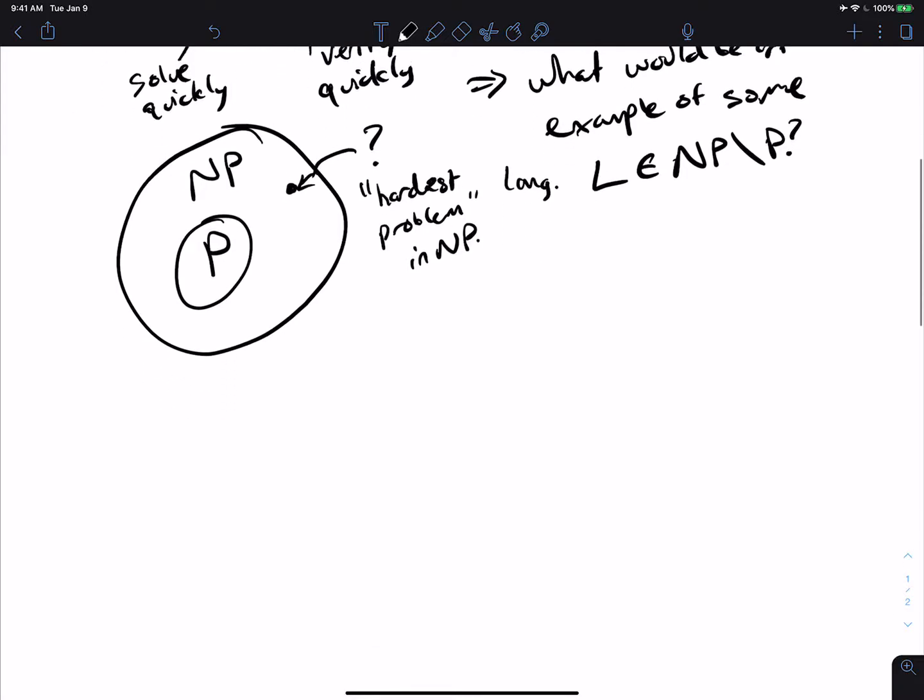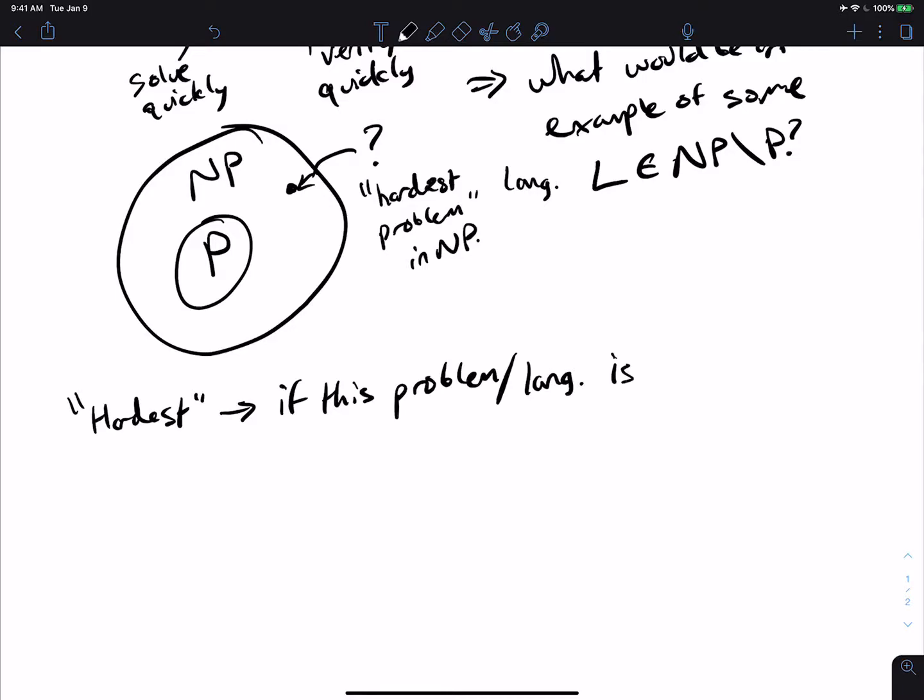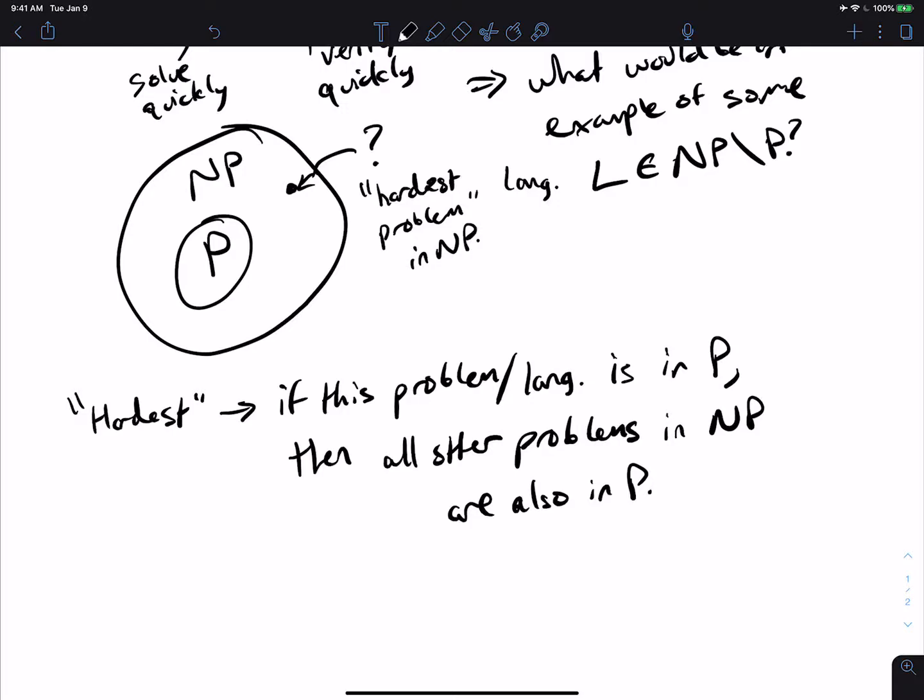One hardest interpretation might be: if this problem or language, however you want to think about it, happens to be in P, then all other problems in NP are also in P. That is some notion of what hardest means, because if we can somehow solve this hardest problem in polynomial time, then it makes sense that all other problems in NP, being at the same difficulty in some sense or less difficulty, should also be polynomial time solvable. So that is the definition of hardest that we're going to take here.